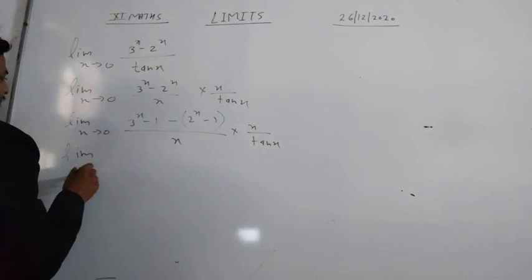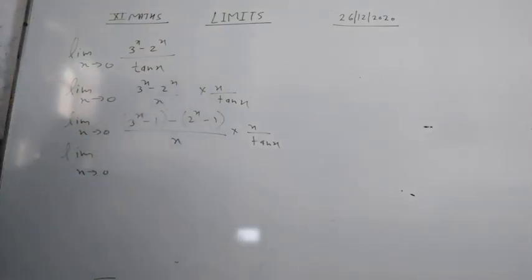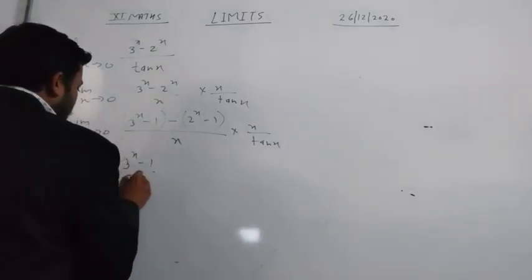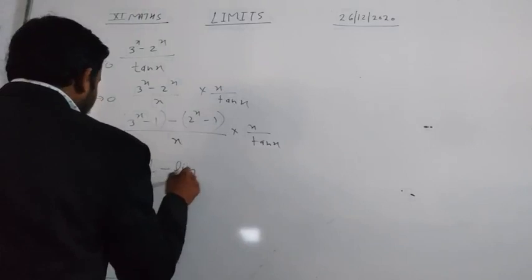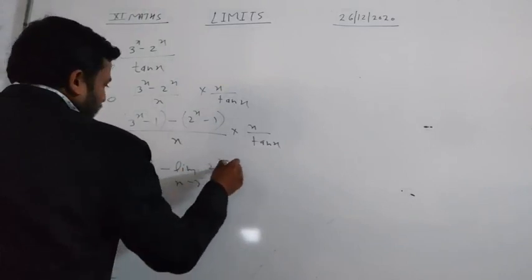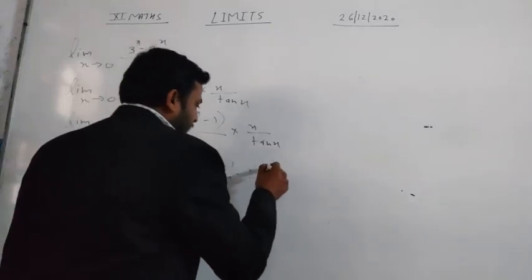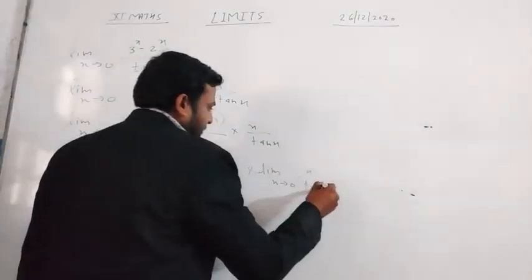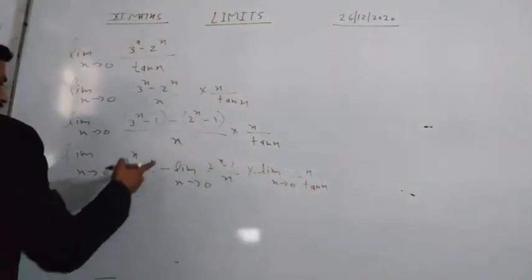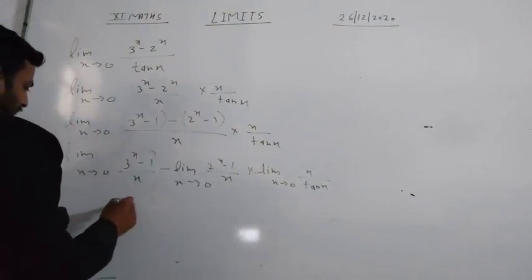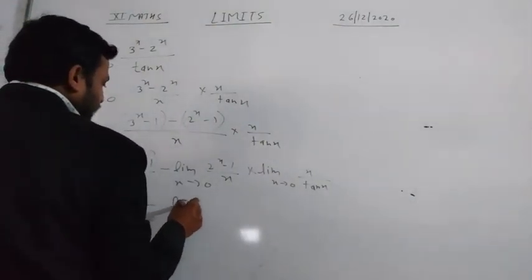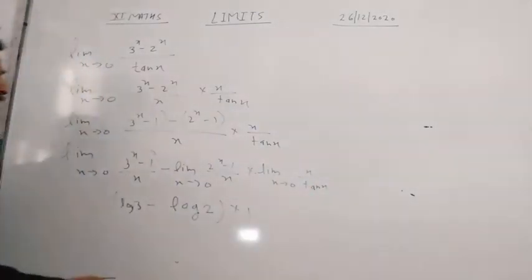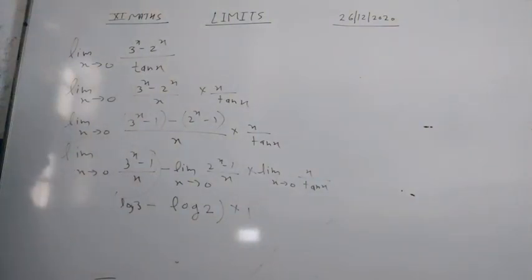So we write limit x tends to 0. Separating the limit, it will be limit x tends to 0 (3 to the power x minus 1) by x, minus limit x tends to 0 (2 to the power x minus 1) by x, into the limit x tends to 0 of x by 10x. Now this is our log of 3 and this is log of 2, and this is our standard form.